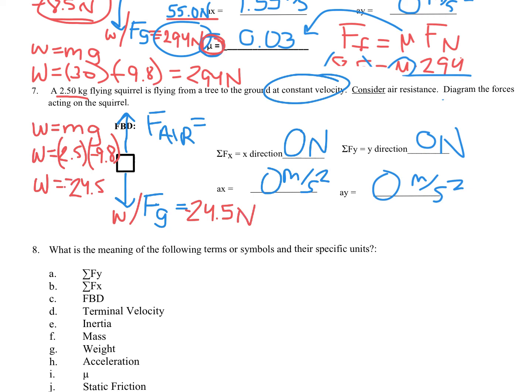Technically, this weight would have been negative because of my negative 9.8 acceleration. So that means my air resistance, since these are equaling out each other in equilibrium, is an upward force of 24.5 newtons. All right, constant velocity sets it crazy. Everything ends up equaling zero because Newton's second law states if you have net force, you have acceleration. So if no acceleration, no net force.